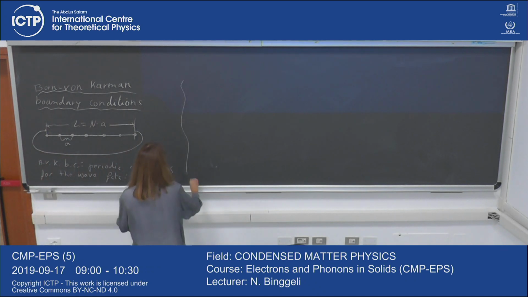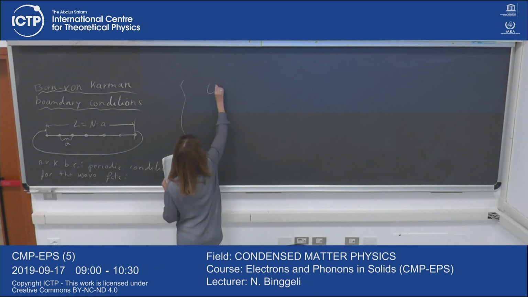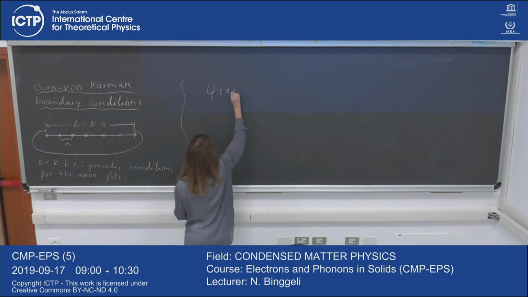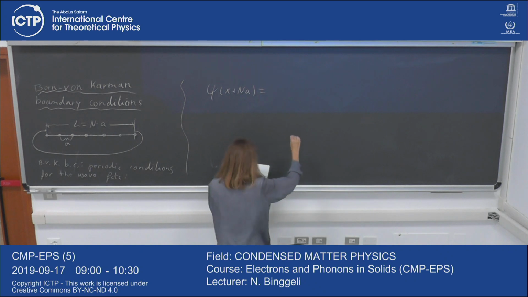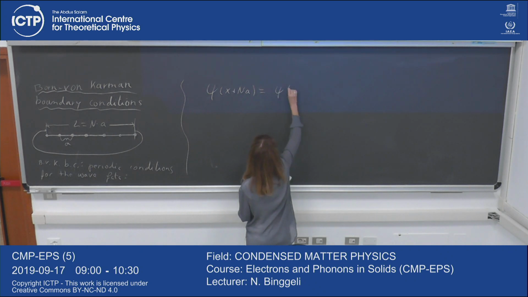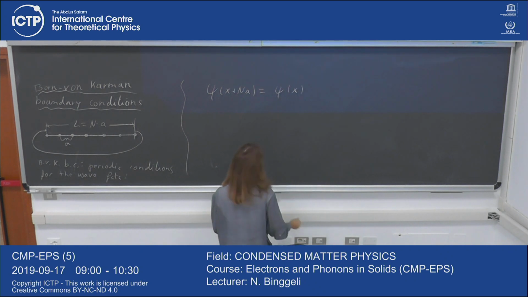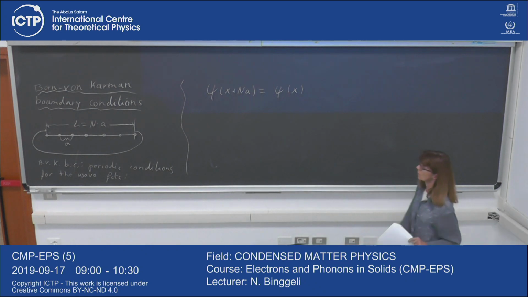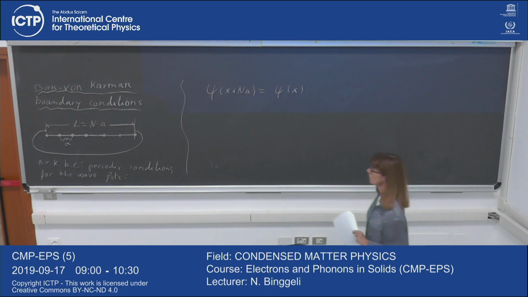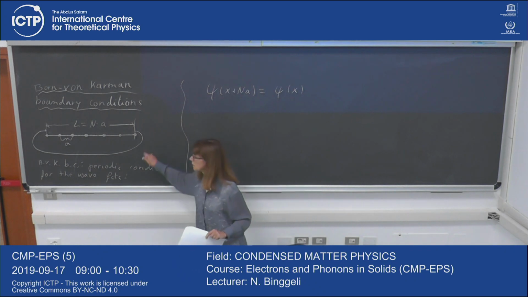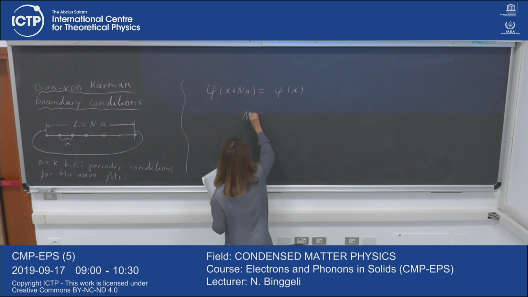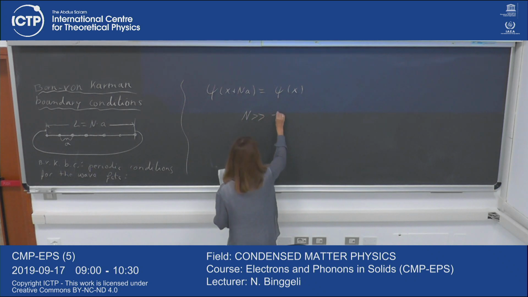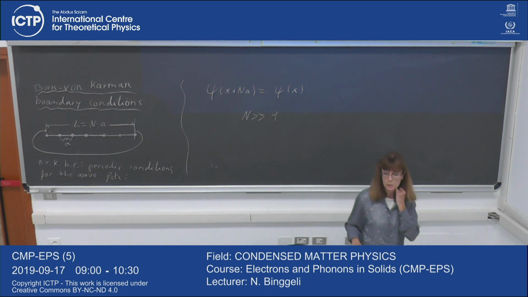So this means psi of x plus N a is equal to psi of x. So these are the Born-von Karman boundary conditions on the electronic states, on the wave function. And of course, we consider N to be very large.